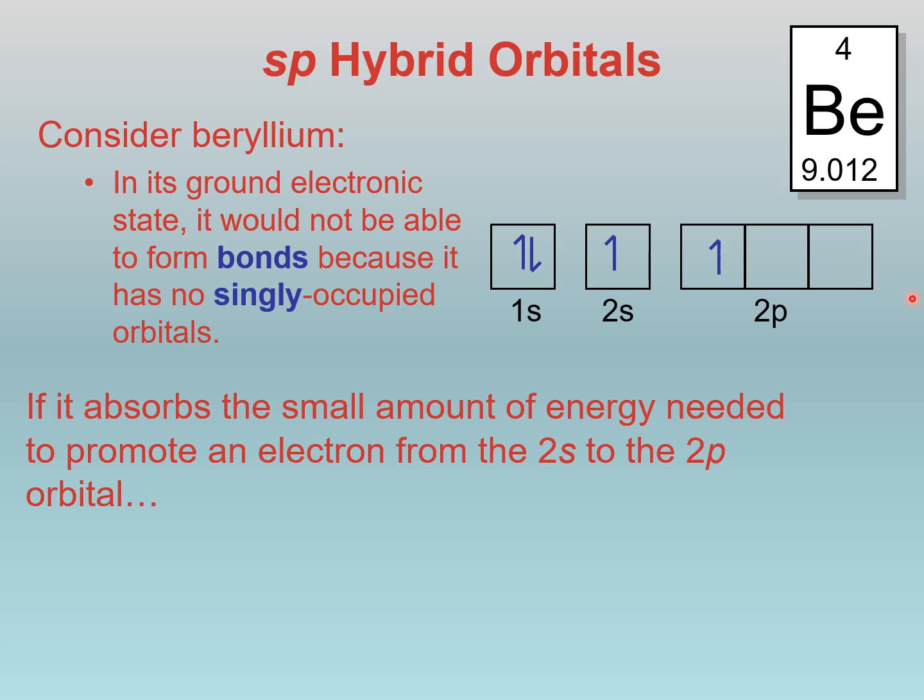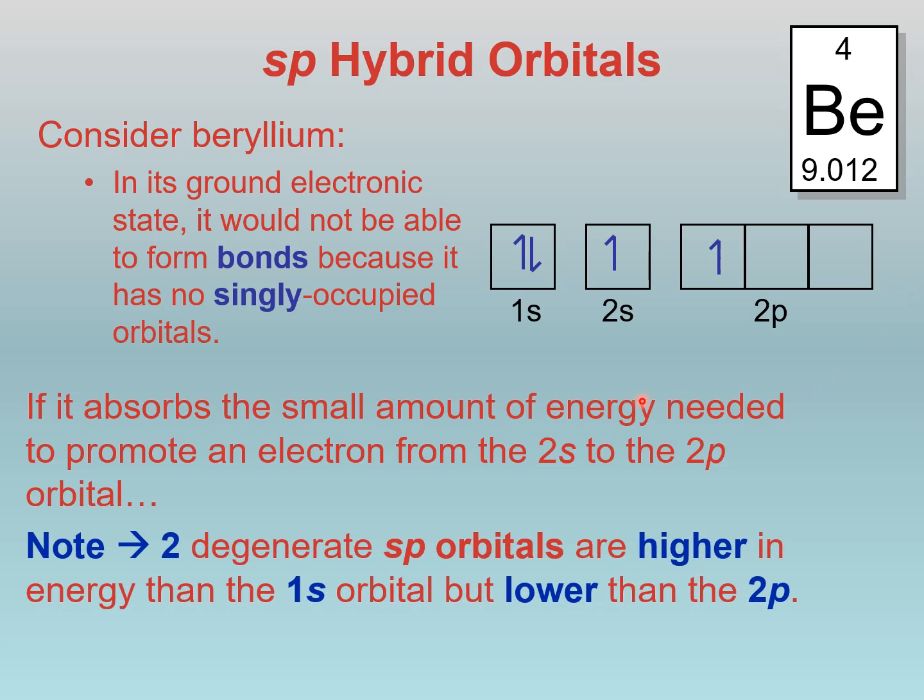Okay, so this changes what our orbitals look like. It's no longer just s, p, d, and f. We have these hybrids. The way they word it, this means there are 2 degenerate sp orbitals, higher in energy than the 1s but lower than the 2p. So you've got something in between these two.